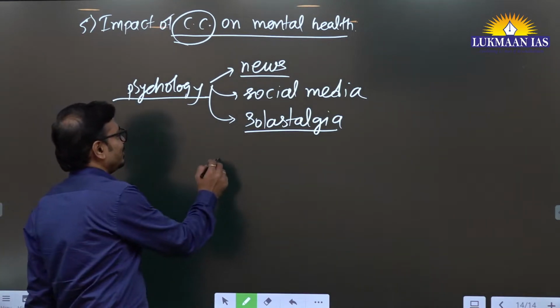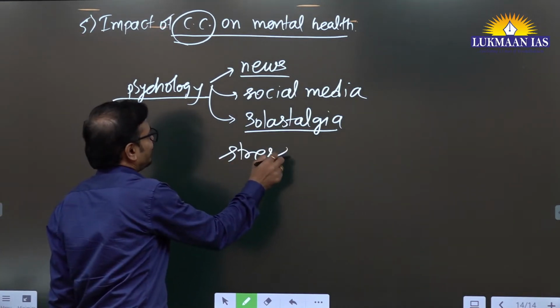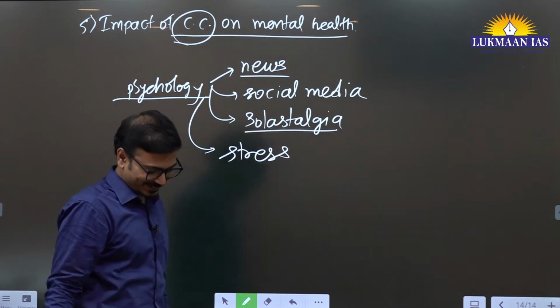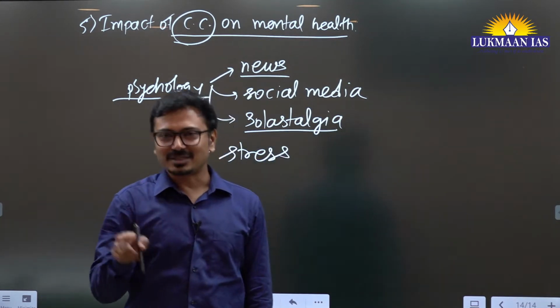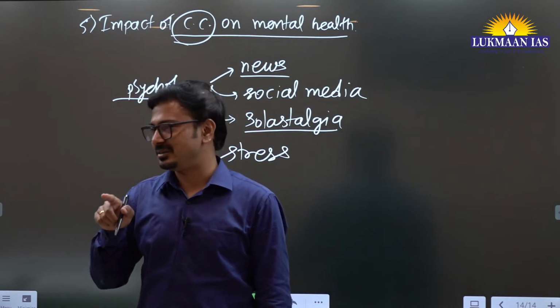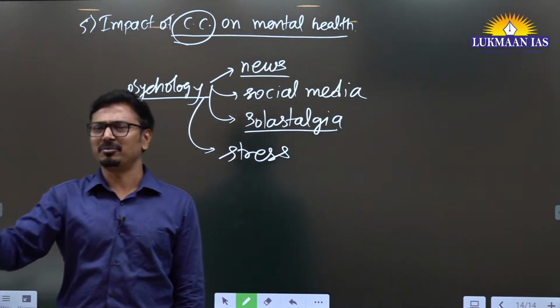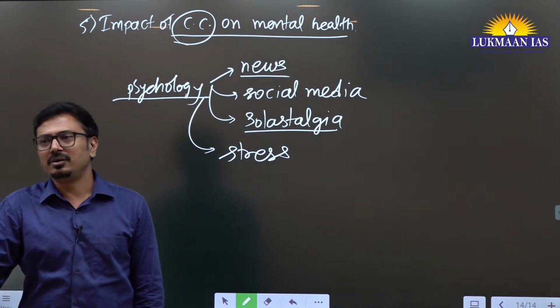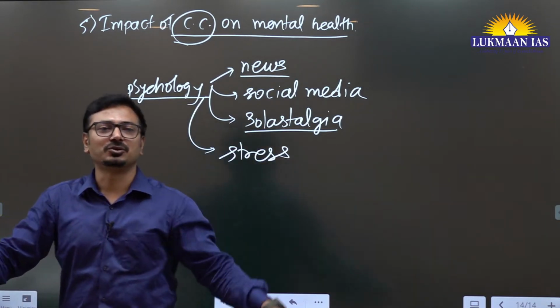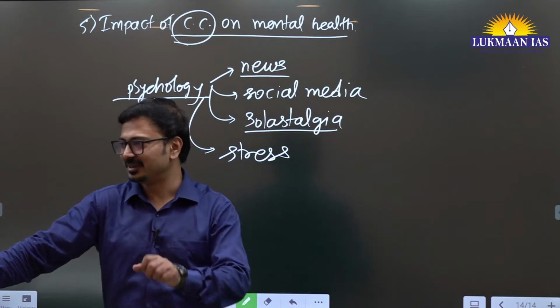Another recent example I will give. In the last month we witnessed severe heat. It was unbearable, and we could not go outside the room without AC, air conditioner, here in Delhi.